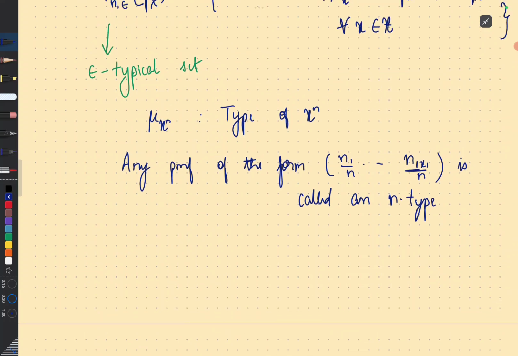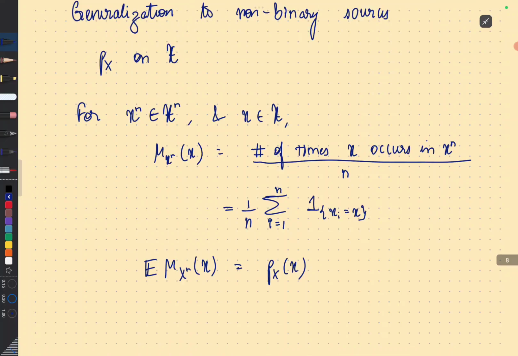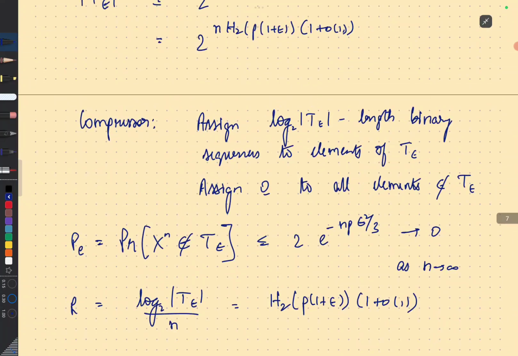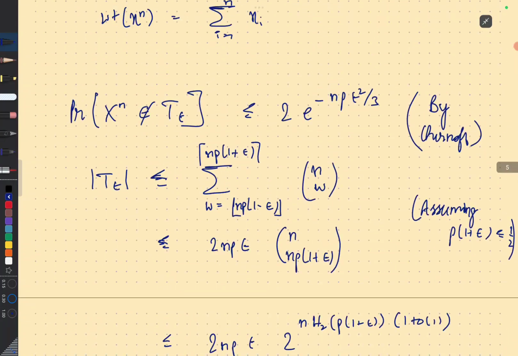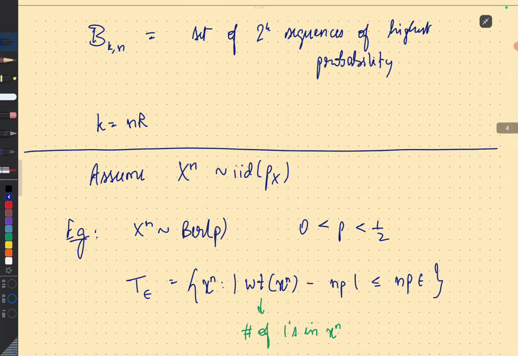Any questions? Okay, great. One additional assumption that we'll make is that xn is IID Px and all symbols have positive probability. Otherwise, we can just remove it from the alphabet. This is an assumption that we've been making throughout, but I'd still like to point it out.